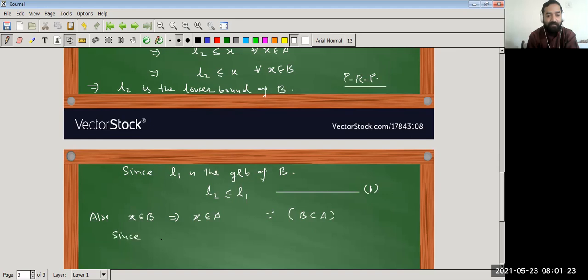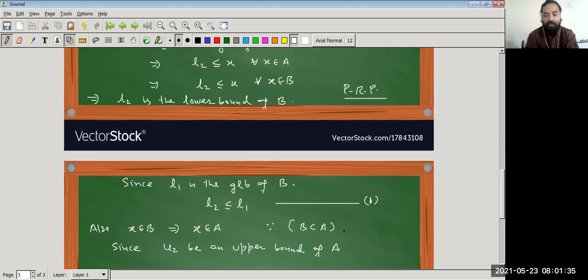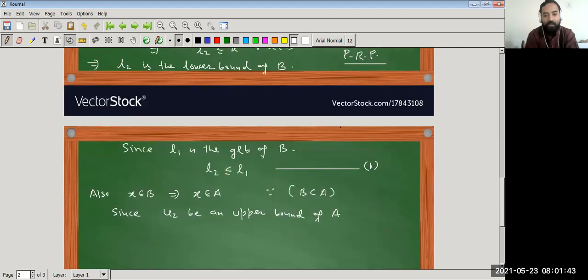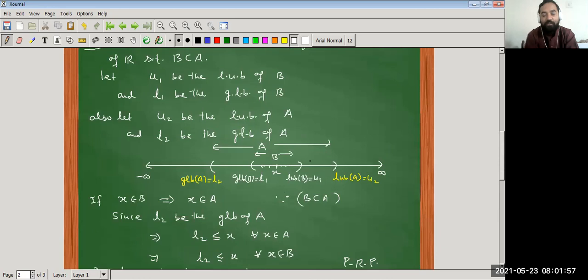Since U2 be an upper bound of A, देखो यहाँ से you can see in the figure that U2 is the least upper bound of A. So what is the definition of least upper bound?